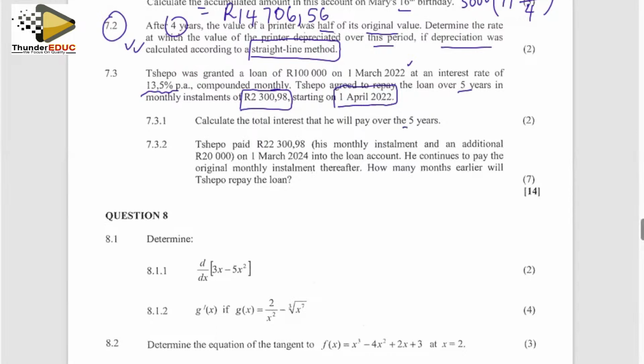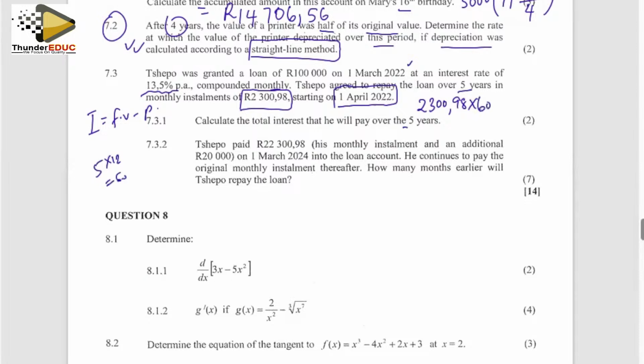Now, we know that interest is the extra that one must pay, or the extra that must be earned on any investment. So interest can be calculated by getting the final value minus the initial amount that was borrowed. So Tepo is going to pay 23,98 multiplied by how many months? 5 years, so that's 5 times 12, which is 60 payments.